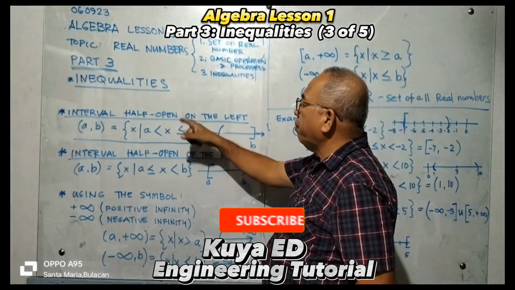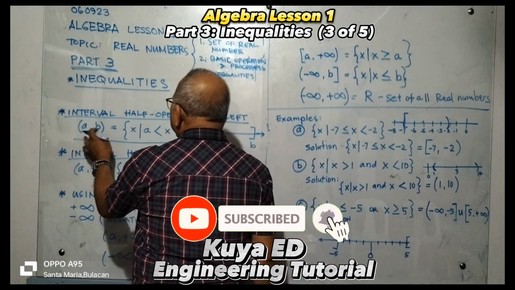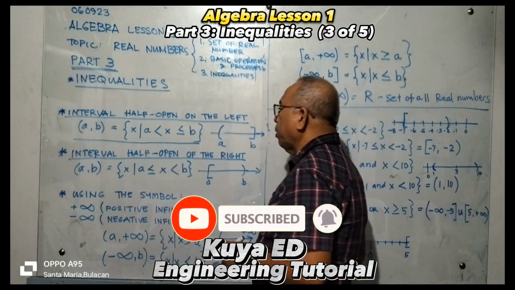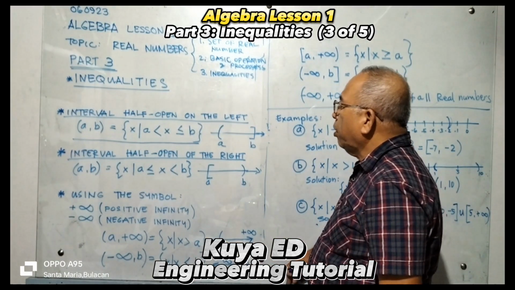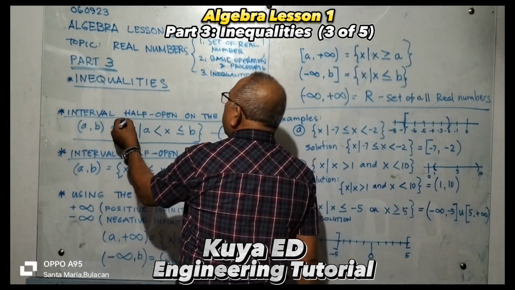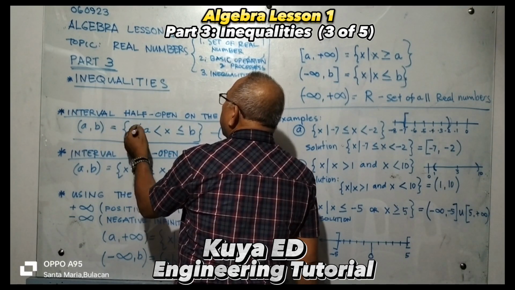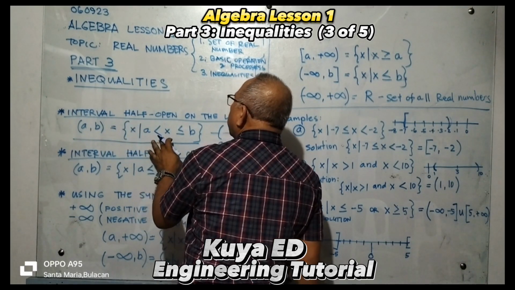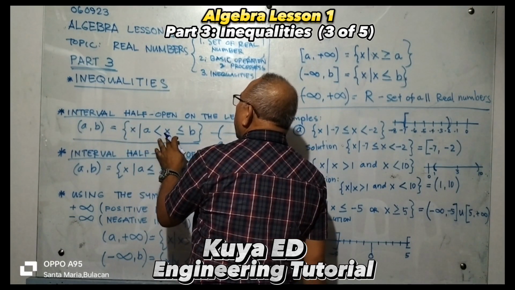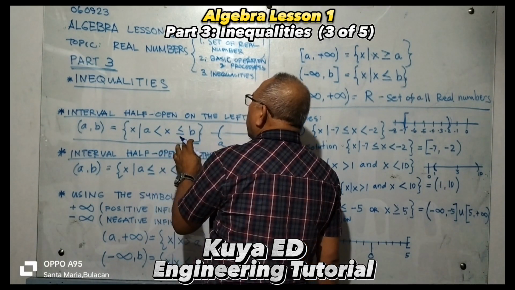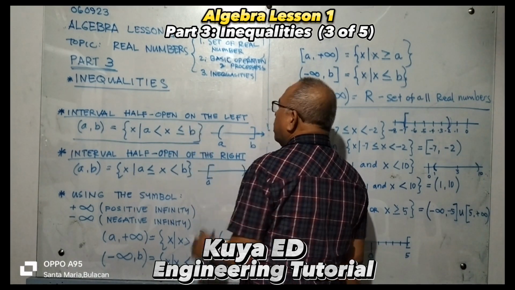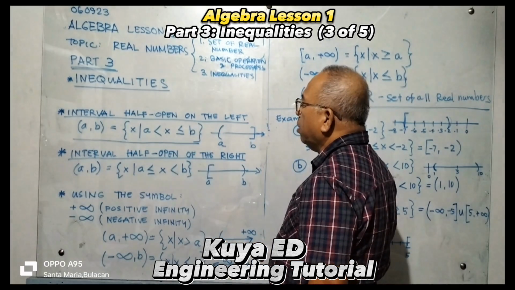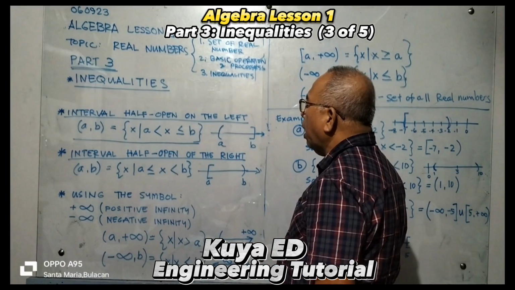Using A and B as our reference, we put here in the set X such that A is less than X and X is less or equal to B. So that is our consideration of the interval half open.